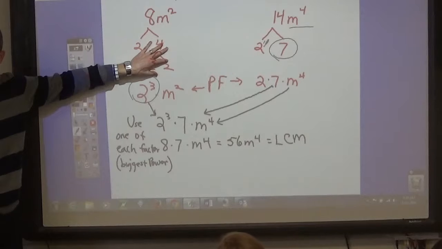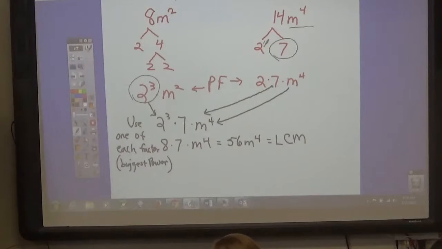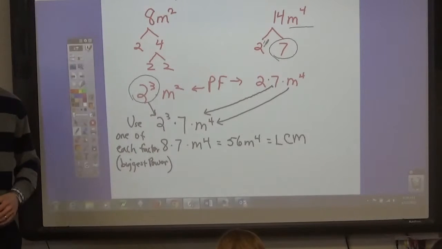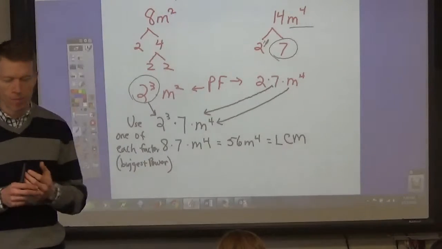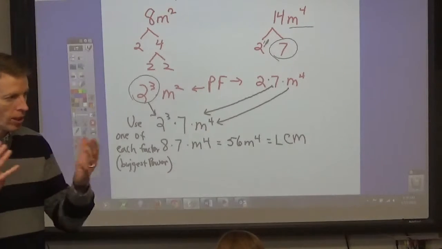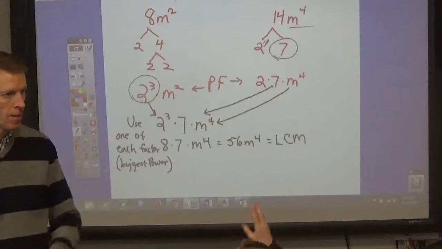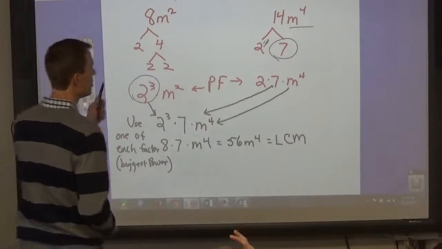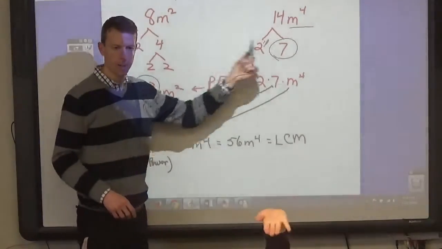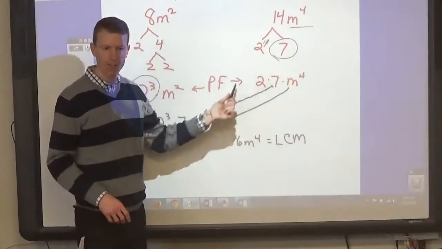Okay? So they give you two numbers. Sometimes you will just be able to look at the two numbers and see it because you're familiar with the multiples. And then other times you'll have to use this formula, or this method, I mean. Okay? And find a formula for it.